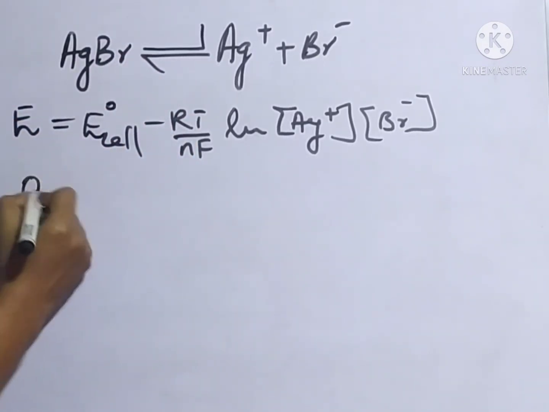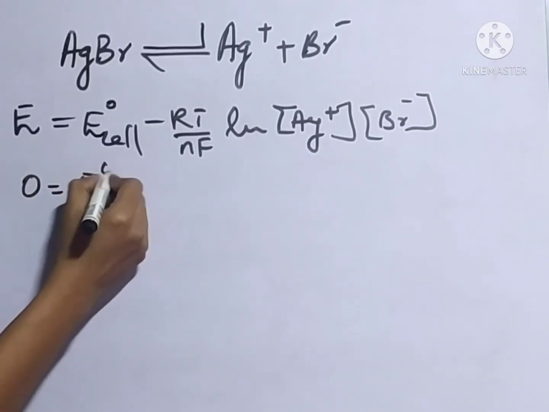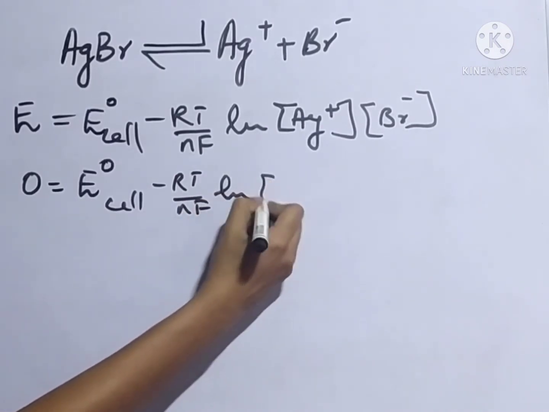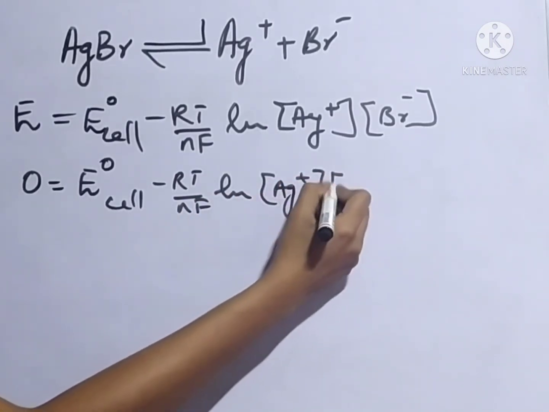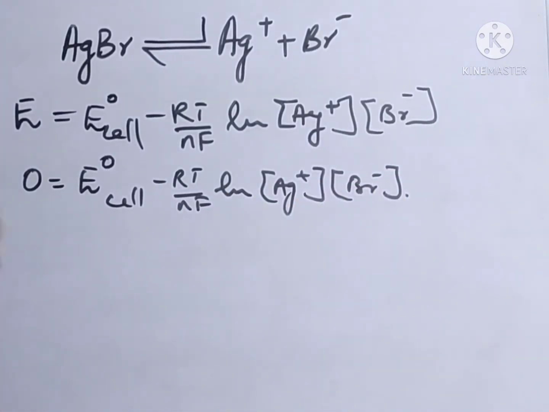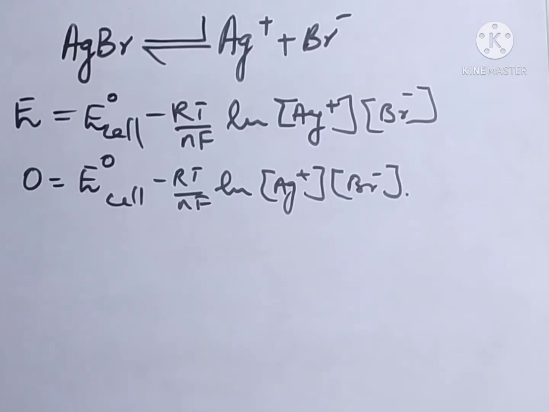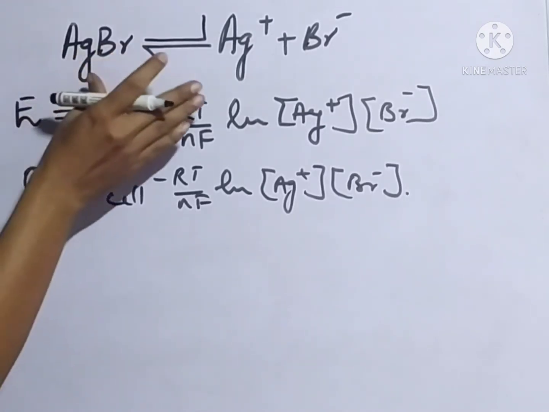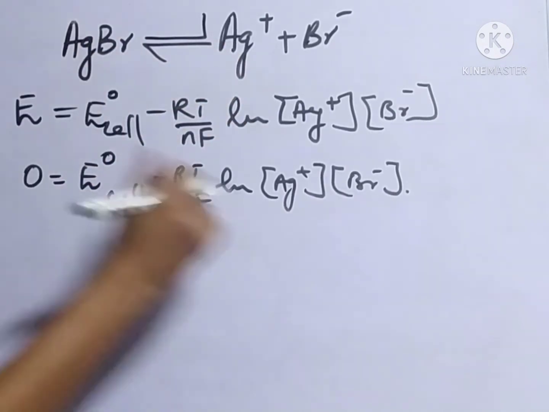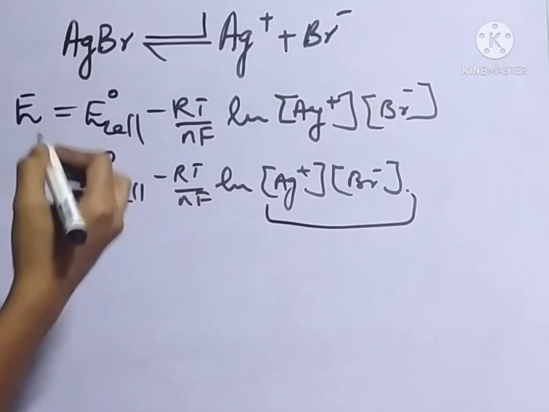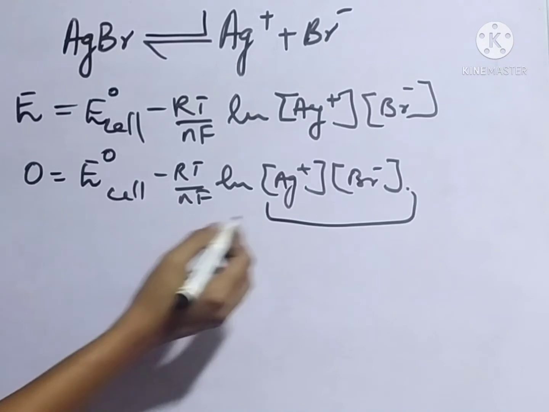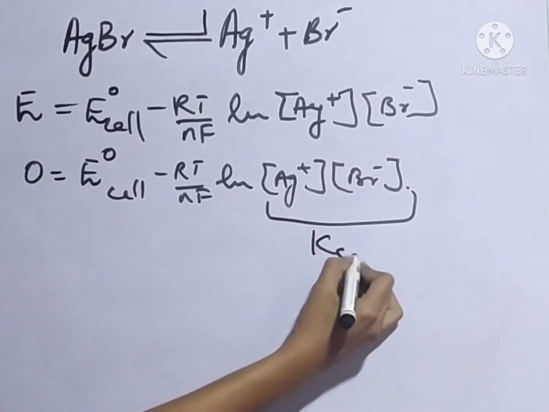So 0 equal to E0 cell minus RT by NF Ln Ag plus into Br minus. Actually, if we consider the saturated solution of silver bromide, the reaction is also like this. AgBr reversibly gives Ag plus Br minus. So this term can be considered as the solubility product of silver bromide. Right. So this is KSP.